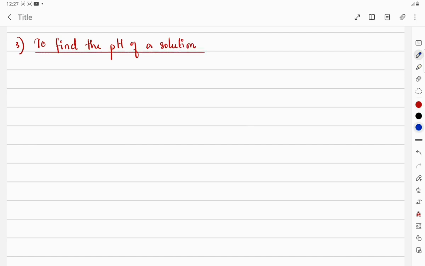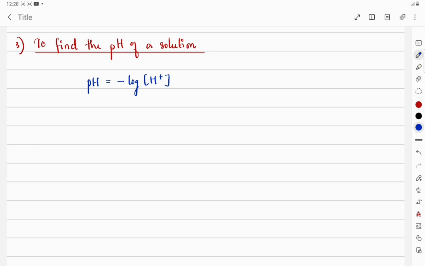To understand this better, firstly we need to know the formula for pH. pH is equal to minus log concentration of H plus, which means the solution should contain some amount of H plus ions, or at least OH minus ions, and we can find pOH and subtract it from 14 to find the pH value.